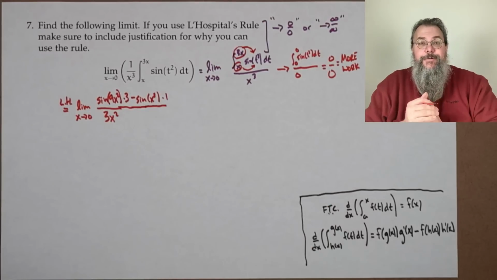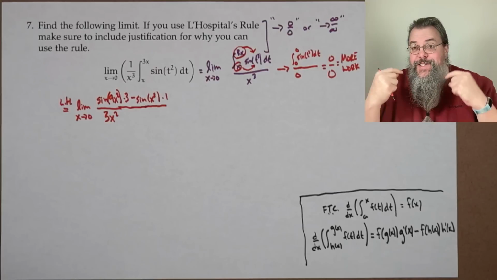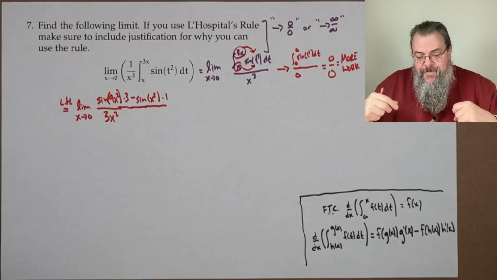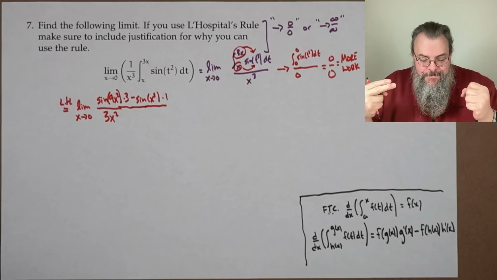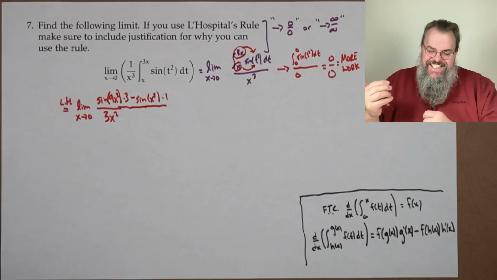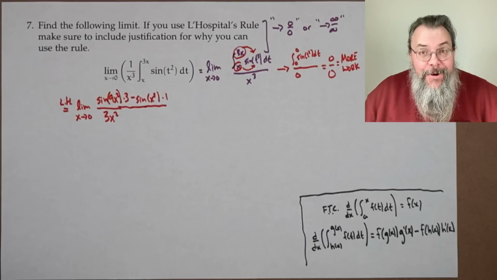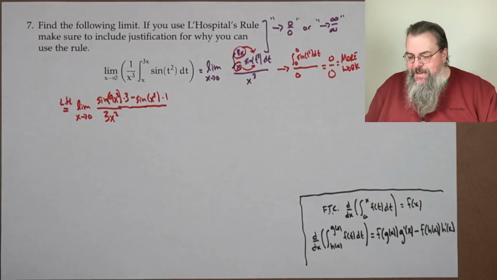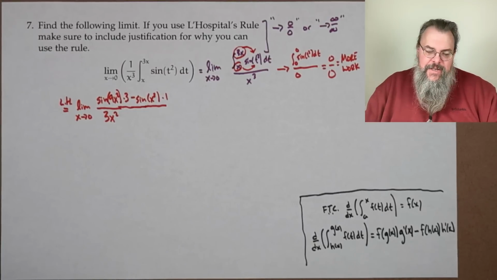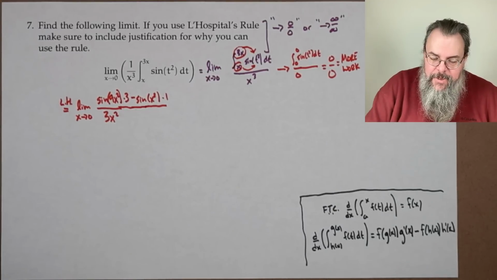All right, now you have two options. One is keep doing l'hôpital, or two, remember facts. Okay, so which one do you want to talk about first? Because I want to show you both. And okay, so let's do our little facts one.